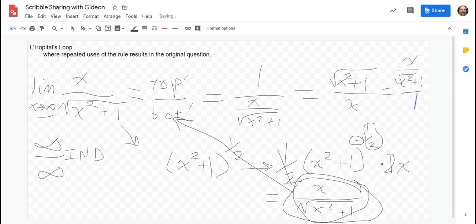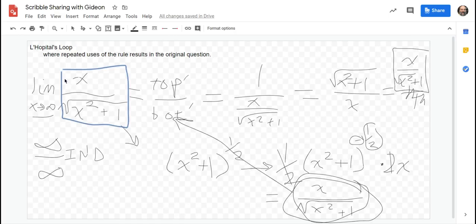And now you go, oh, right, division by 1 is like doing nothing. So I am back to the original. This and this are the same thing. So by going twice, I came back to the original.